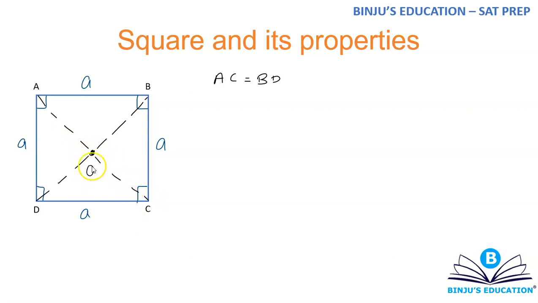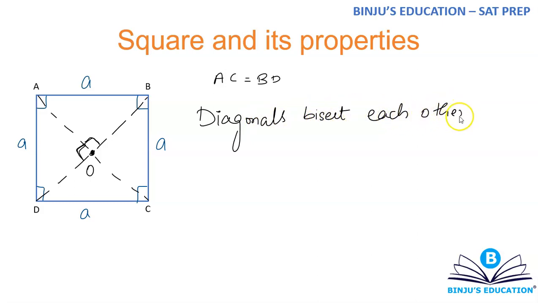So call this O, so this will be 90. Okay, diagonals bisect each other at 90 degrees. And interestingly, diagonals also bisect the vertex angle.